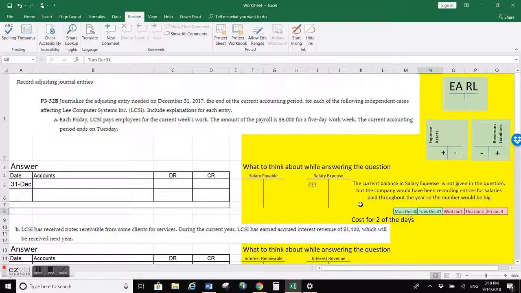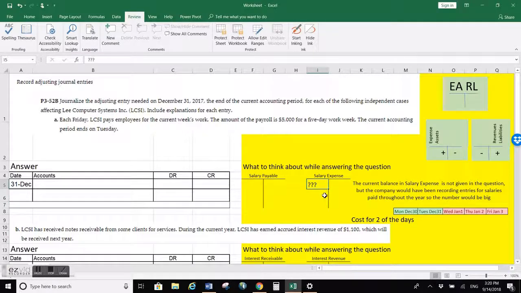Now, we're going to add that amount to the salaries expense. In this question, it doesn't tell us how much is already in the salaries expense account, but we know that throughout the year, we would have been debiting that account every payroll, to show how much we've been paying our employees.